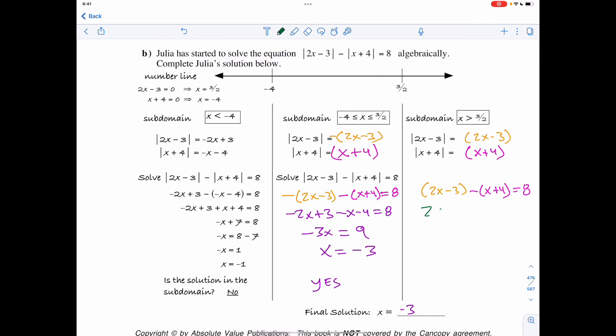And now I can say that 2x minus 3 minus x minus 4 is equal to 8. I combine my x's to get a singular x. I'm going to add 4 and add 3 to both sides to get 15. Is a solution in the subdomain? Yes. And that's where my other solution comes from.